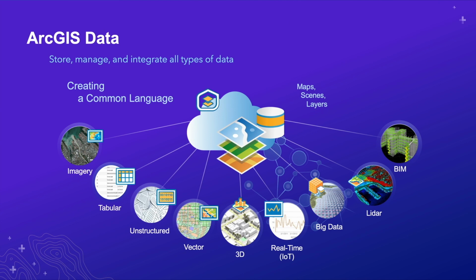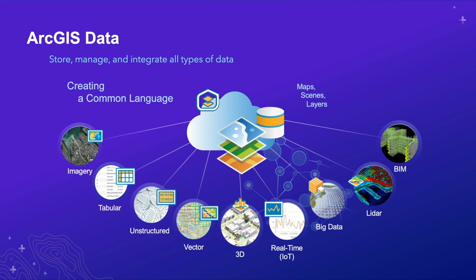So ArcGIS helps you store, manage, and integrate all types of data. We support imagery, tabular, unstructured data, vector-based content, and tons of advancements in 3D content and layers. Of course, real-time data. You can think of real-time data as land, air, and sea assets that are moving, but also sensor data and all different velocities of data that we can ingest.